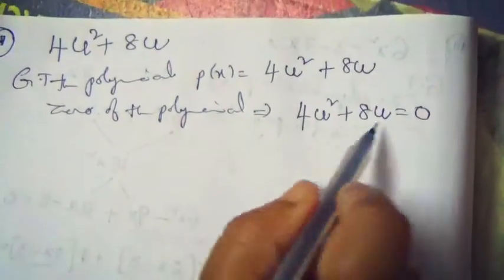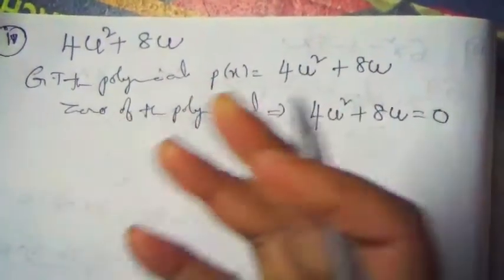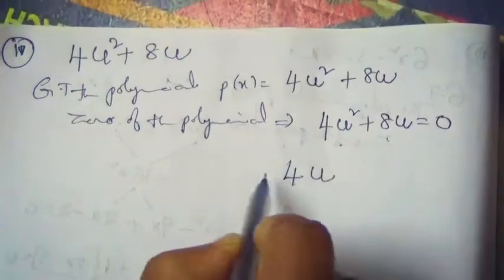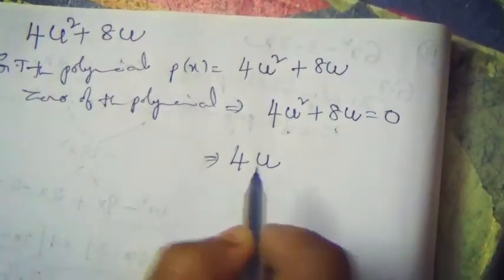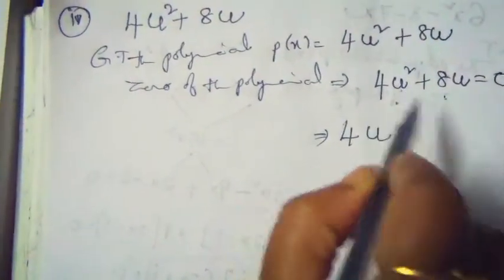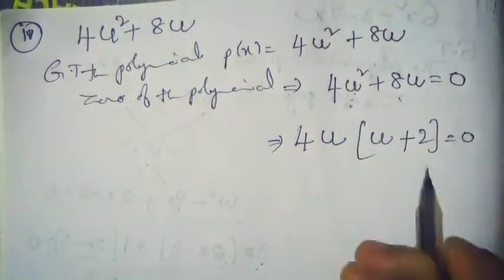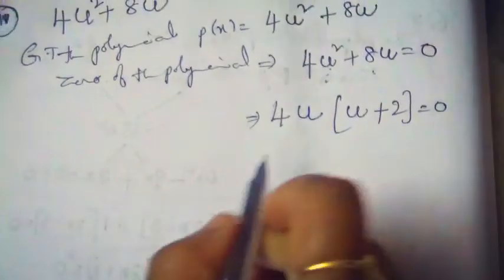By taking out the common term in between these two, that is 4u I want to take here. U is a variable, right? So after taking this 4u as a common, here we have only remaining, that is u plus 2, that is equal to 0. Without doing factorization we can solve this, right?